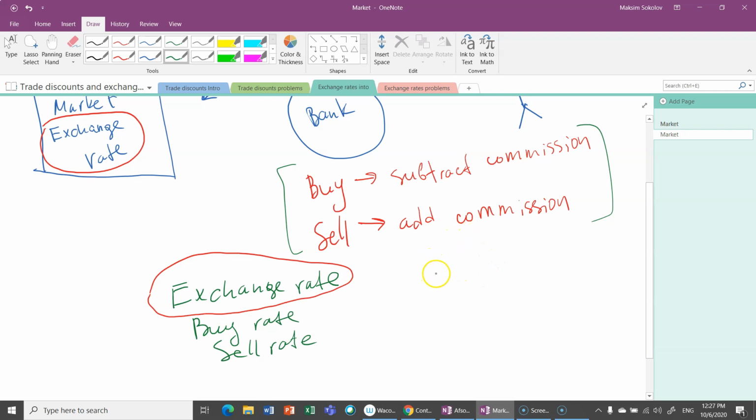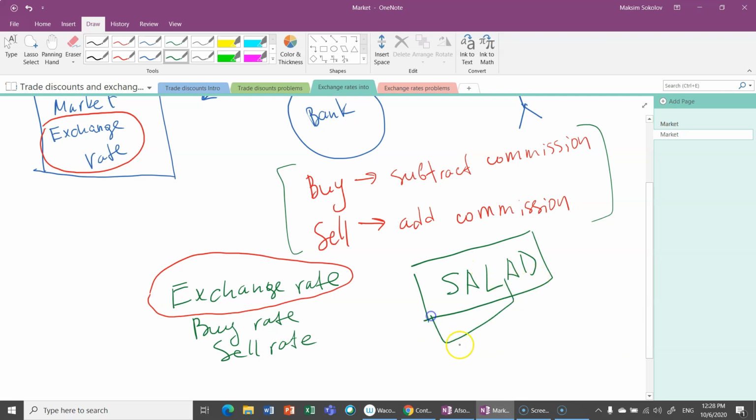In order to easily remember this, I like to use a mnemonic. A mnemonic is a word that helps you remember things. So salad, it's very easy to remember. It doesn't make sense, of course, there is nothing mathematical about the word salad. But it helps because if you remember the word salad, you can remember that if you sell, you add.